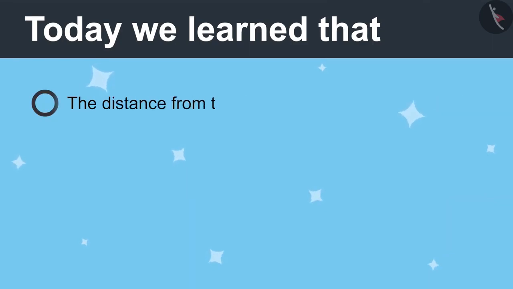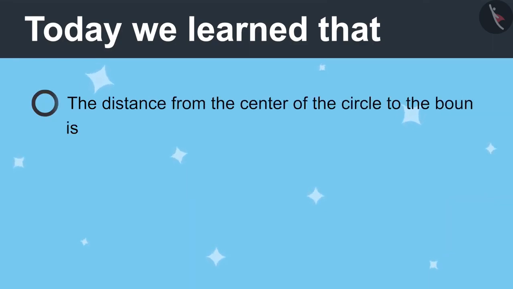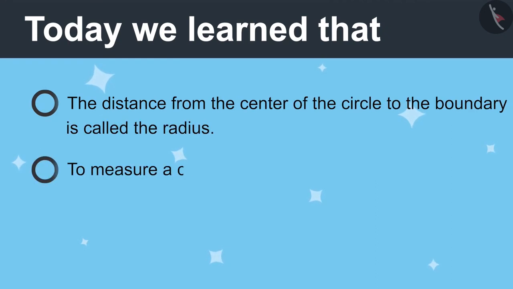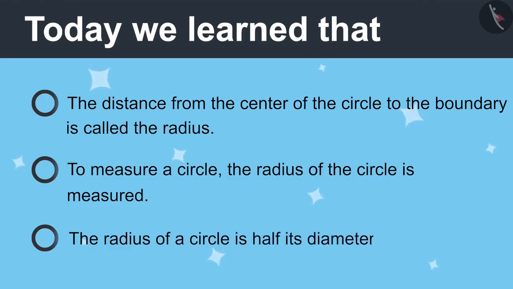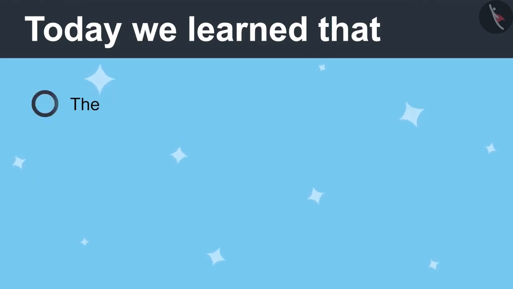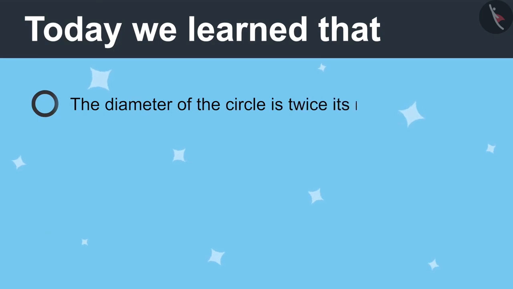The distance from the center of the circle to the boundary is called radius. To measure a circle, the radius of circle is measured. The radius of a circle is half its diameter. The diameter of a circle is twice its radius.